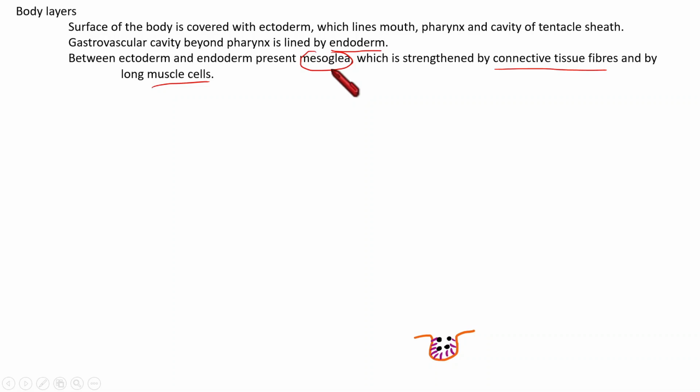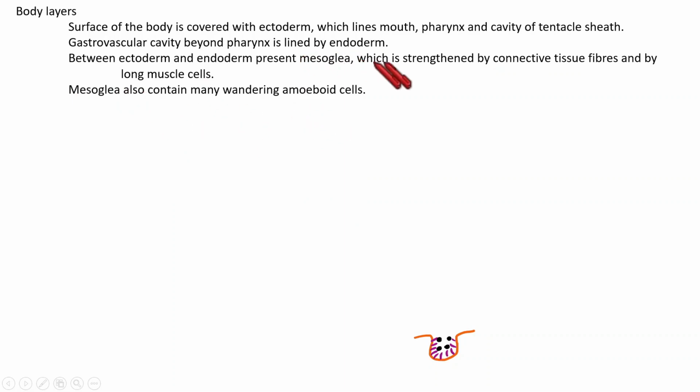That's also a notable thing in the case of the Ctenophora. Along with all these things, the mesoglea also contains some wandering amoeboid cells. Amoeboid cells means cells having an irregular shape. Such cells are also present in the mesoglea.